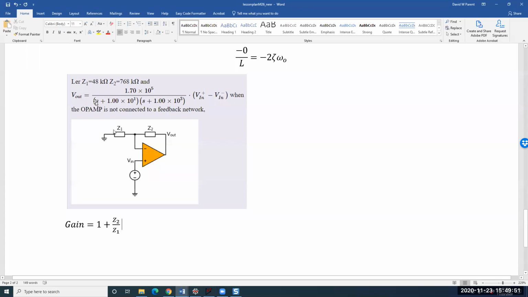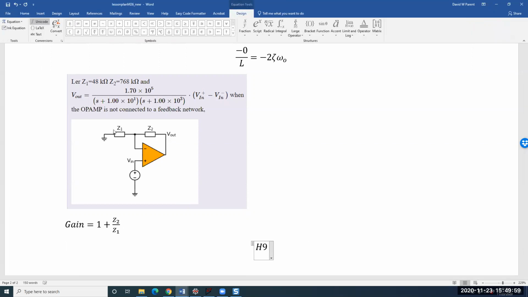Well, we have a frequency dependent model, so we need to come up with a frequency dependence, right? So in this case, H of S, and I'm just going to say AV open loop gain. In that case, it's 1.7 times 10 to the fifth, right?